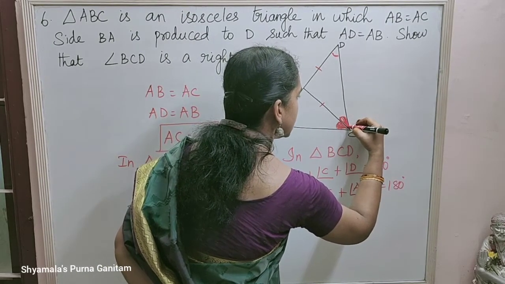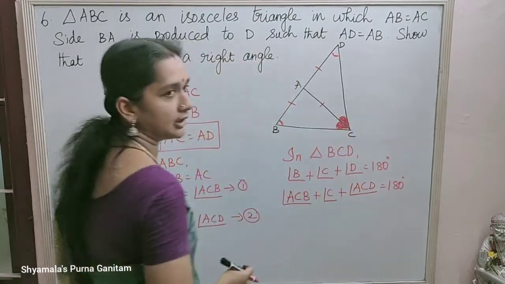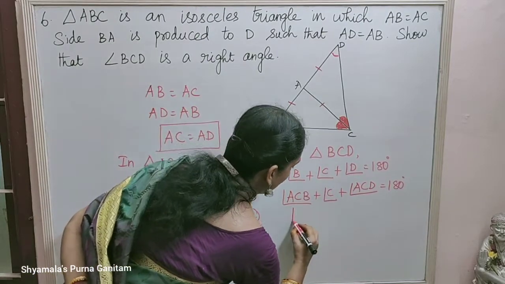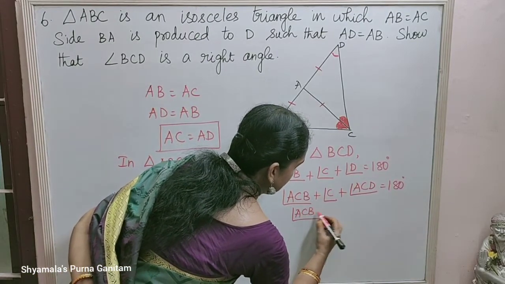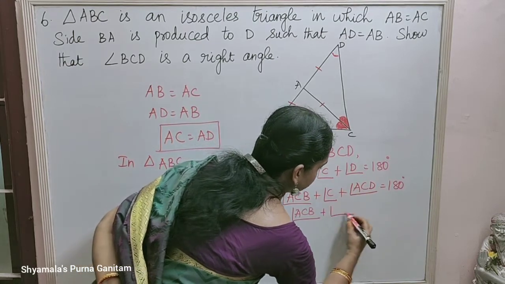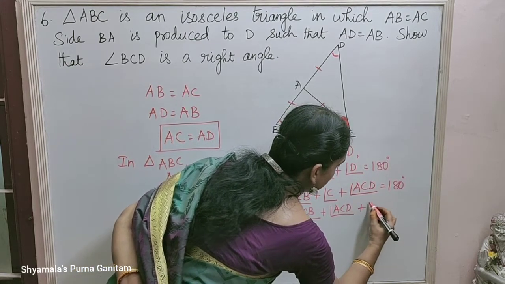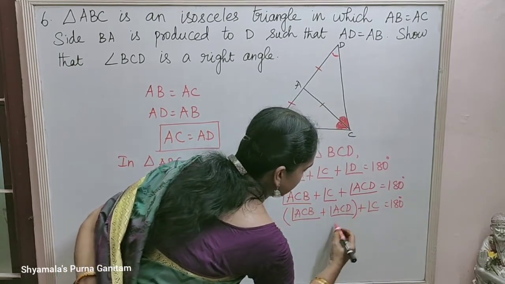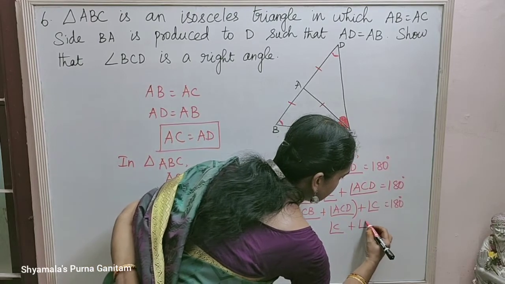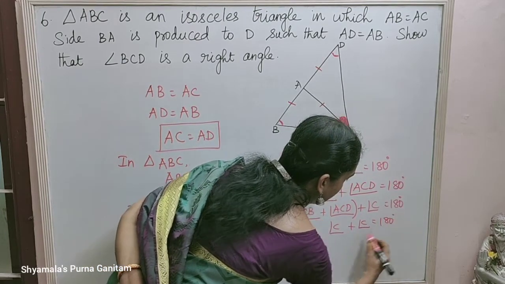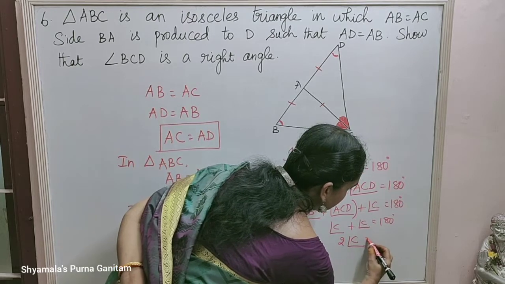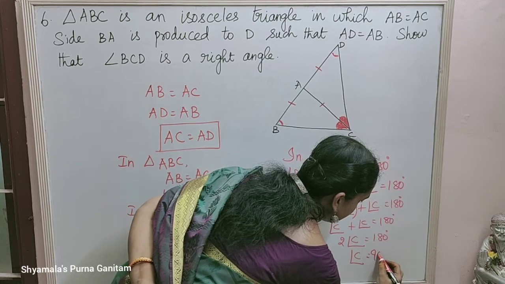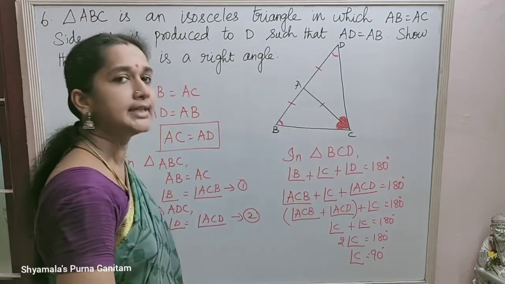If you add these two angles, you will get angle C. So I am just rewriting this: ACD plus ACB gives angle C, plus angle C is equal to 180 degrees. So 2 times angle C is 180 degrees, and angle C is 90 degrees, since 180 by 2 is 90.